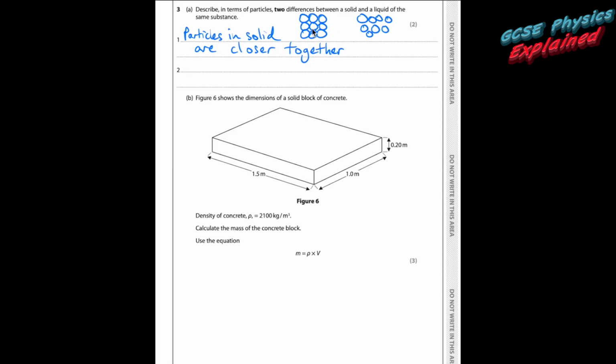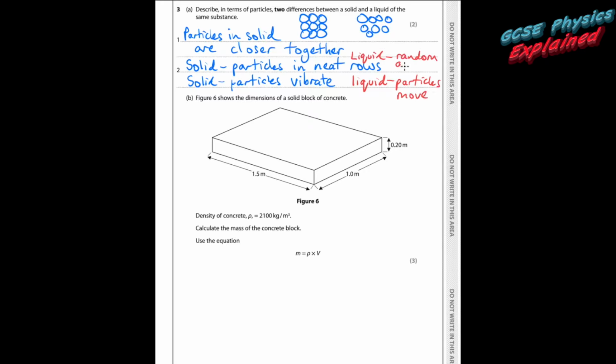These particles are in nice neat rows. So you could say the particles in a liquid are randomly arranged, and the particles in a solid can only vibrate, whereas in a liquid, they can actually move. Any 2 of them.